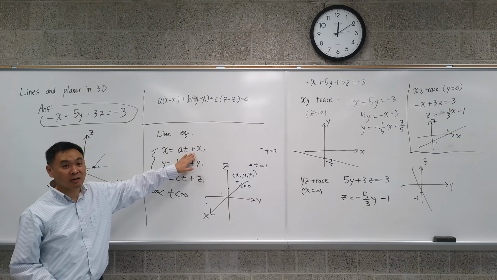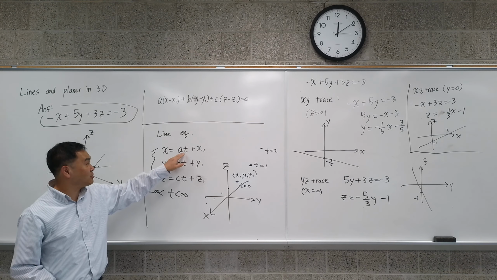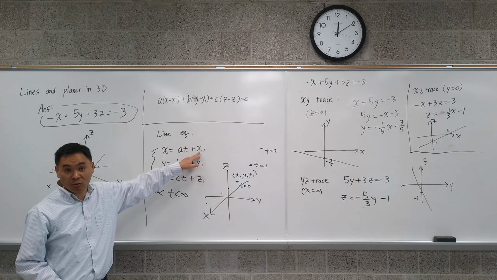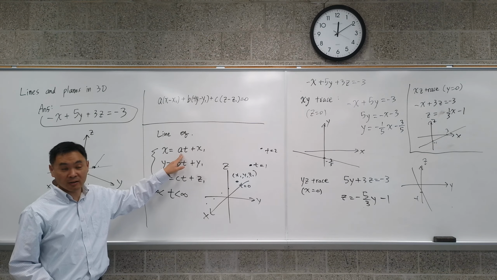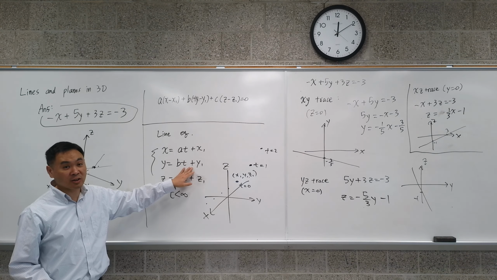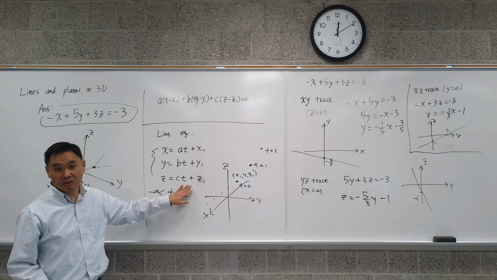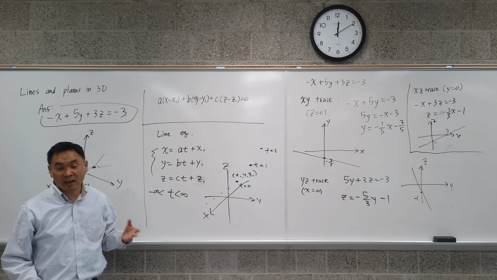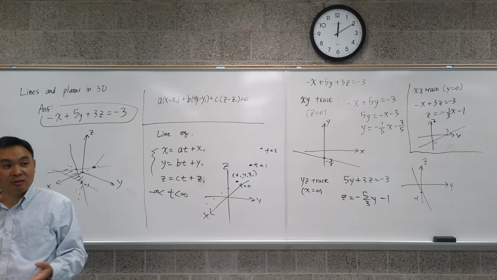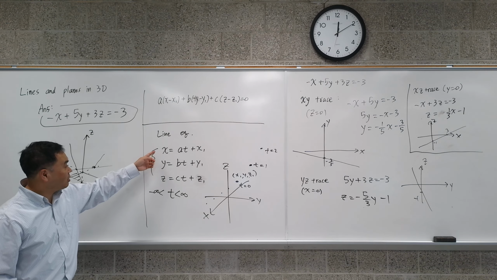Simple question. Just a, right? t differentiates to 1, that's a constant, so that goes away. If you differentiate this, what do you get? b. If you differentiate this by t, you get c. And you get a, b, c as the values of the derivatives.